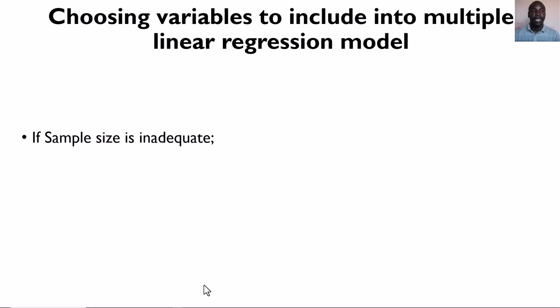Our focus today is going to be on scenarios where your sample size is inadequate, which is very common in real world settings. There are 2 approaches that you can use to select which variables to include if you have small sample sizes, if you can't meet the requirement we just discussed above.